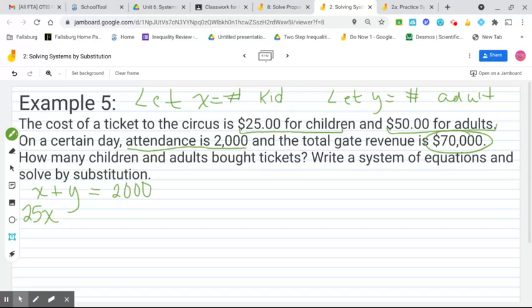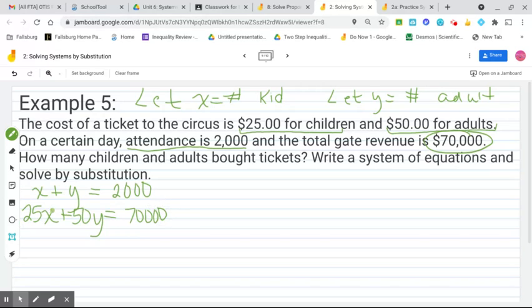You take 25, how much one kid ticket cost, multiplied by the number of kid tickets. Then you add, same concept, $50 for each adult ticket, multiplied by how many adult tickets were bought. And we set that equal to 70,000.